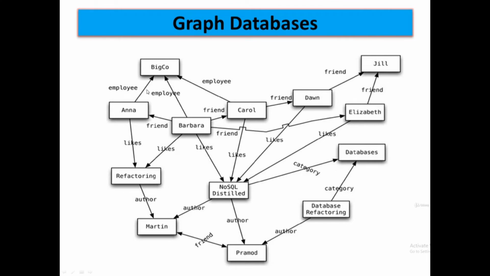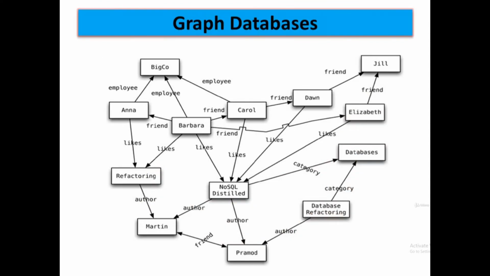These two nodes are joined by edges, which represent the relationship, and the direction of that relationship is represented by the arrow. The relationship is labeled. For example, the relationship between Anna and Big CEO is employee, meaning Anna is an employee of Big CEO. So you can label the relationship.